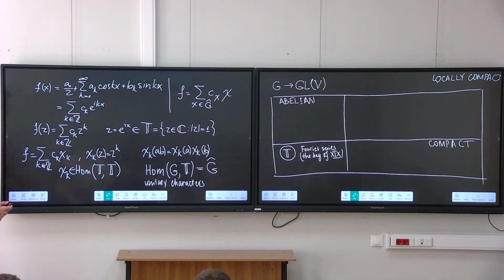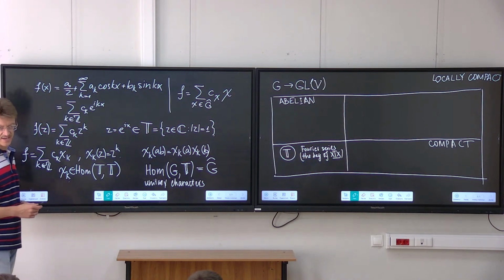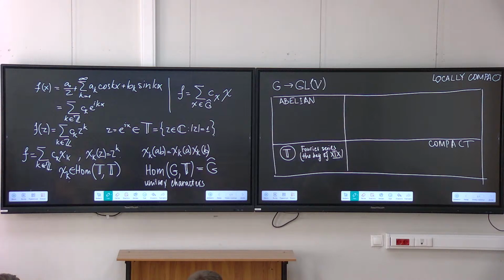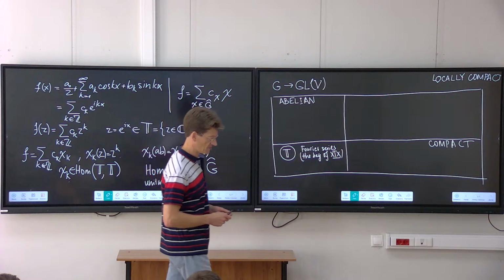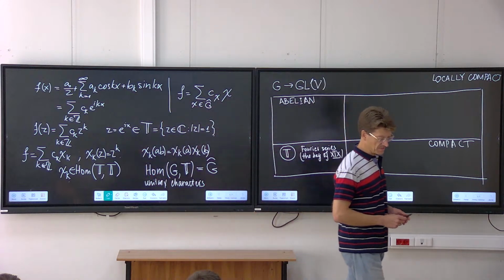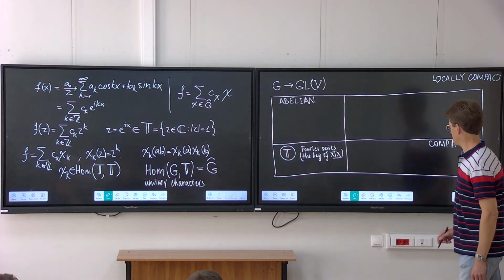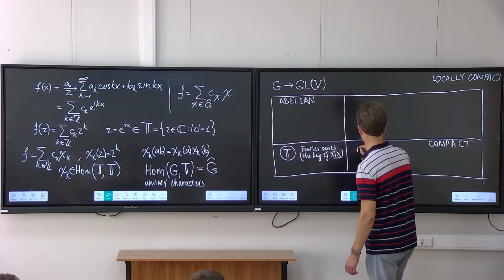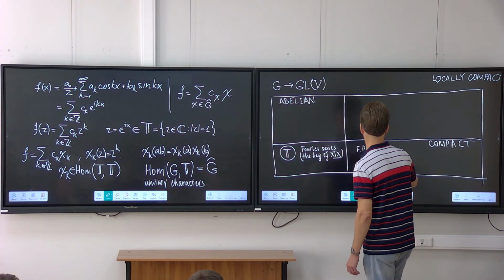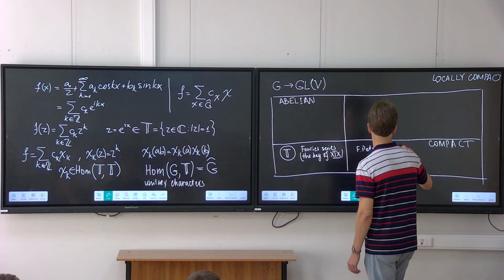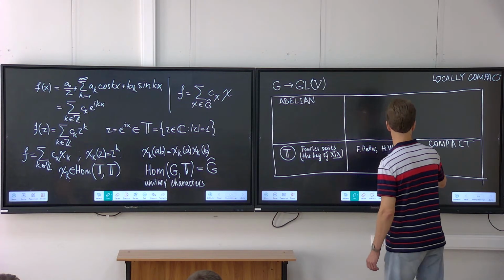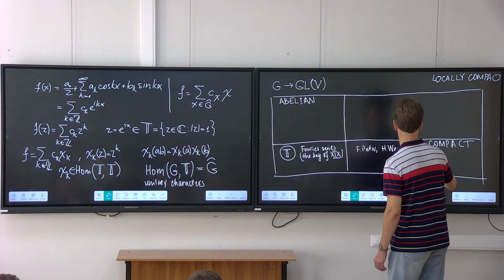However, to get a reasonable substitute for the theory of Fourier series, we must replace characters by irreducible representations, or more exactly by matrix elements of irreducible representations. The respective theory was created mostly by Peter and Weyl. And this is approximately the 1920s.